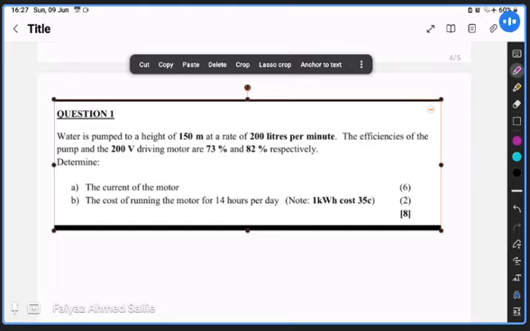Is it 2021? Let's see. 2022. No, 2023. 2021. Sorry about that, guys. I'm just looking for where this question is from.